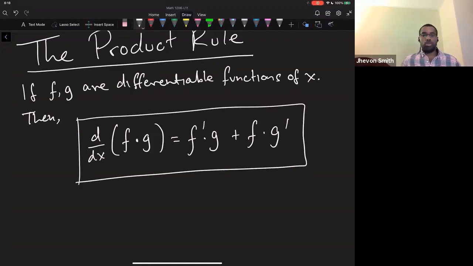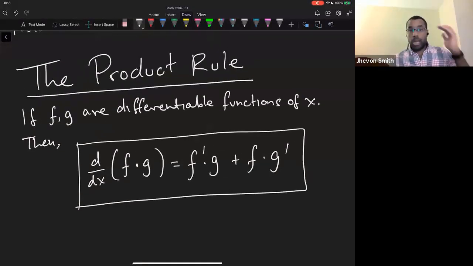That's called the product rule. So that's the rule we know now. We know how to differentiate products.